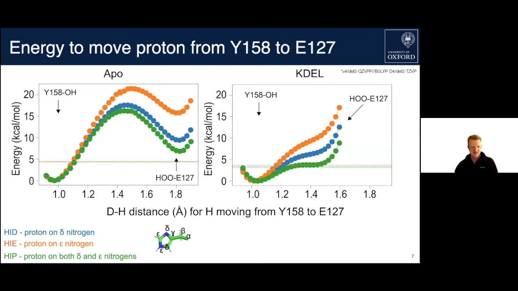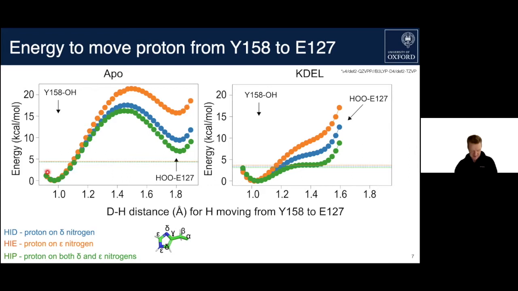And we do that in the presence of the histidine in different protonation states. So if it's got a proton on the delta or the epsilon nitrogen, just to remind you what that is, showing you the histidine here, there, and it's neutral, then this is the blue and orange lines. And then we can have a protonated histidine where both nitrogens have hydrogens present, if you like.